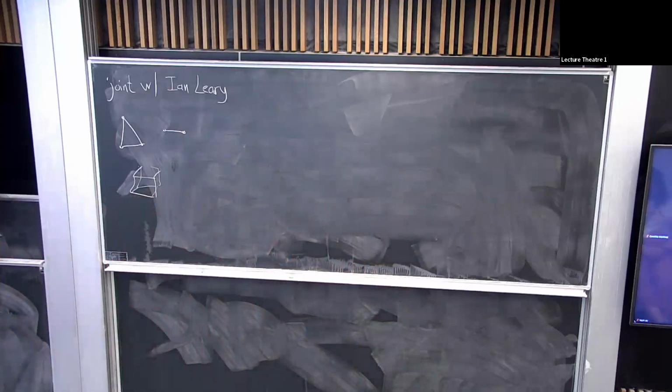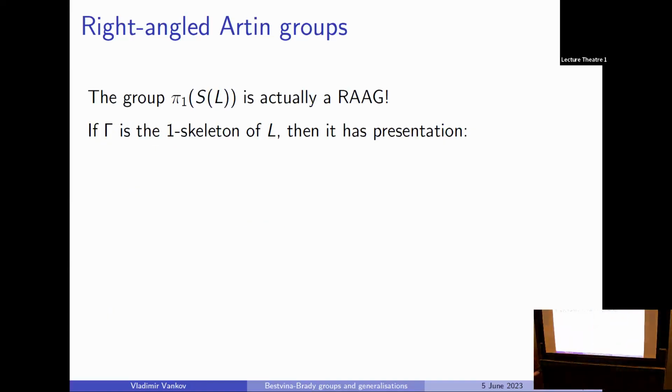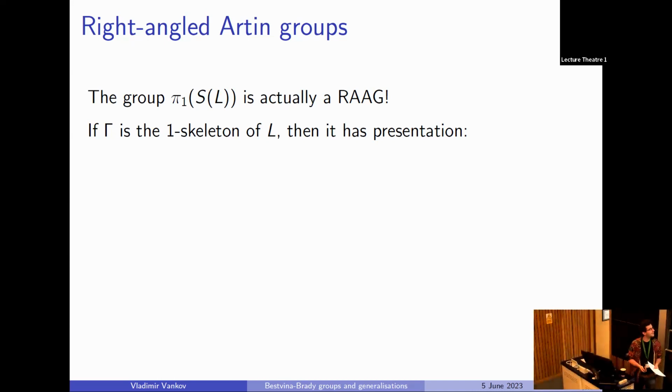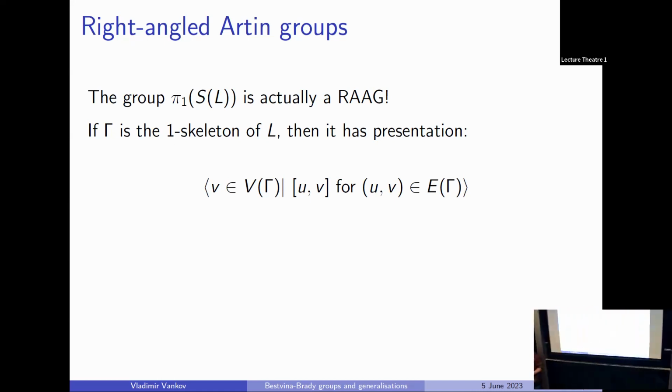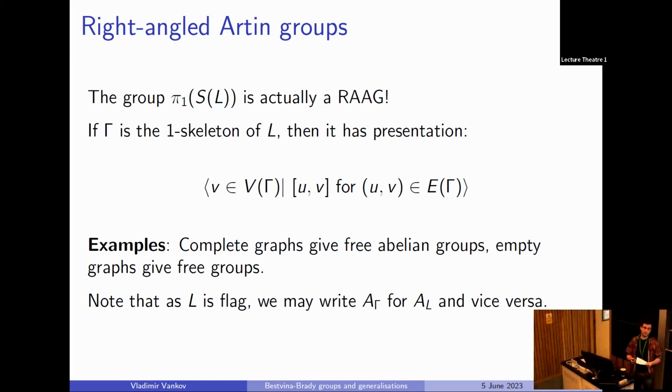So what do we actually have here? We actually have right-angled Artin groups. It turns out that the fundamental group of this polyhedral product that we defined is known as a right-angled Artin group. I'm sure many of you have seen these before, but just for the sake of completeness, here's a presentation. You can define these in terms of either a graph or a flag simplicial complex, because if you take a flag simplicial complex, you can just look at its one skeleton, or conversely, if you have a graph, then you can do its flag completion.